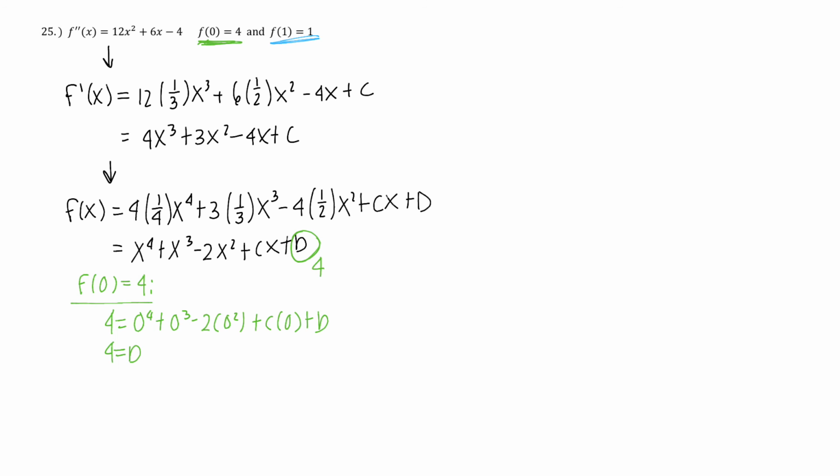Then I can plug in my other initial condition using the information that I had, that d is 4. So f of 1 is equal to 1. So if I plug in 1 to the 4th plus 1 to the 4th minus 2 times 1 squared plus c times 1. And then we know d is 4, so I'll plug in 4 there.